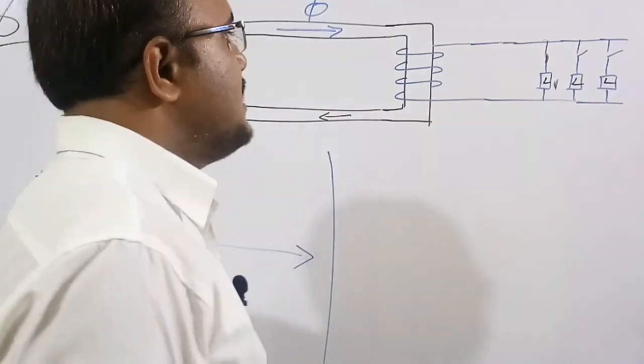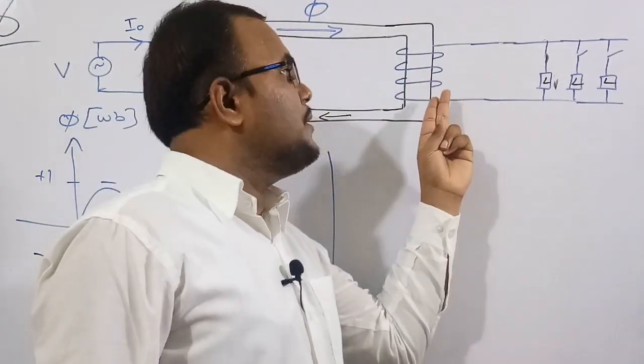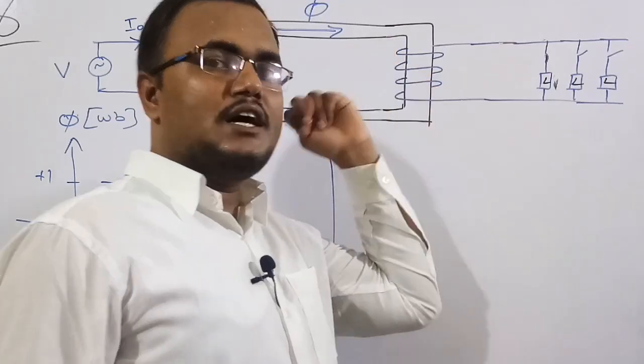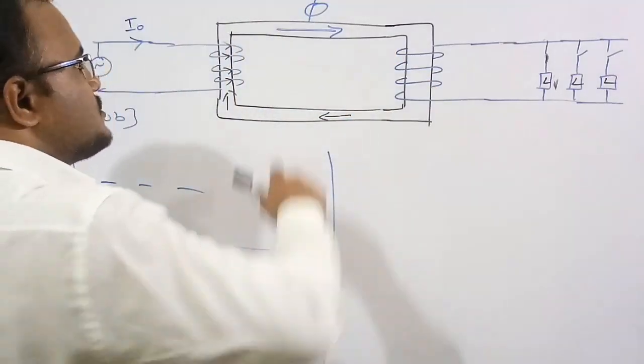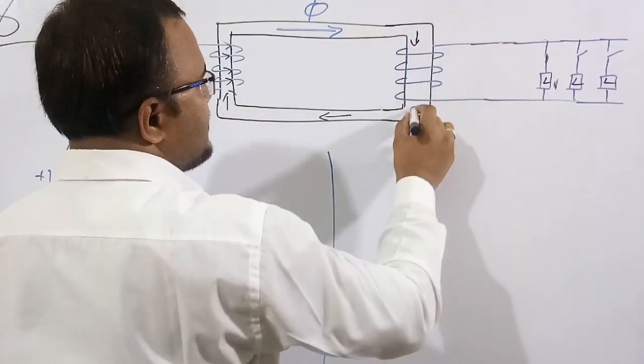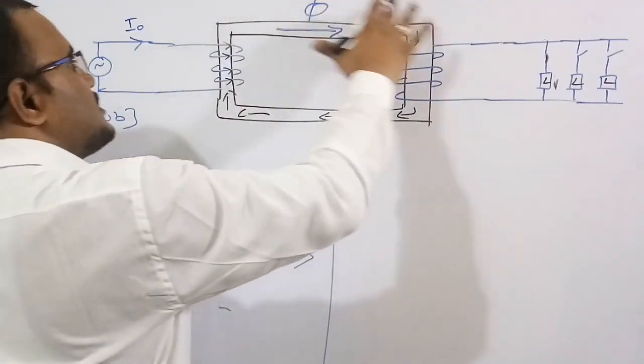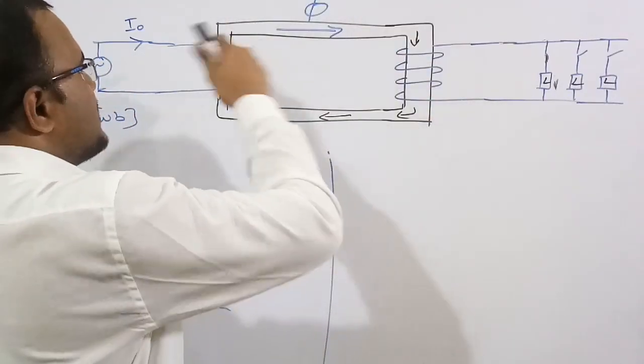Lenz's law says that the current produced in the secondary is such that the flux produced by the secondary has to oppose the original flux. The original flux is from left to right. So the flux in the core is in the clockwise direction, because the current is on the right side.